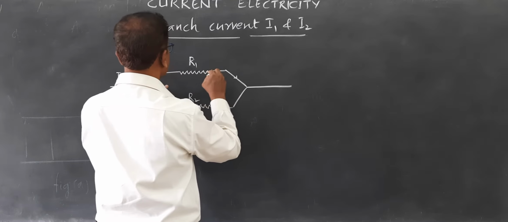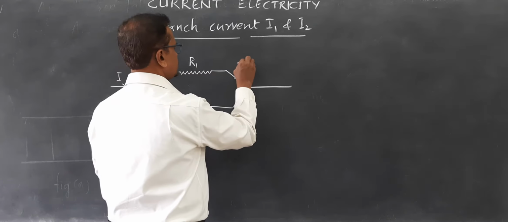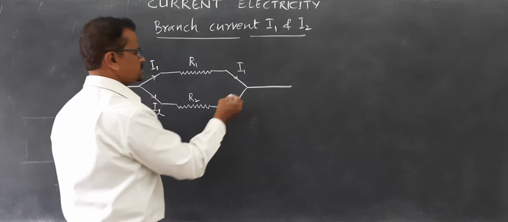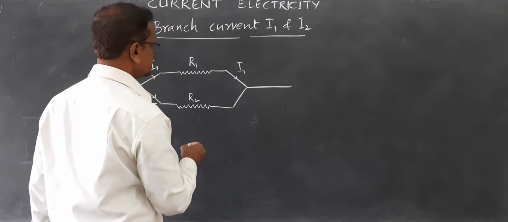The same current I1, after passing through R1, joins the other junction.